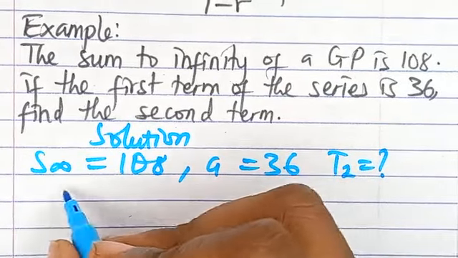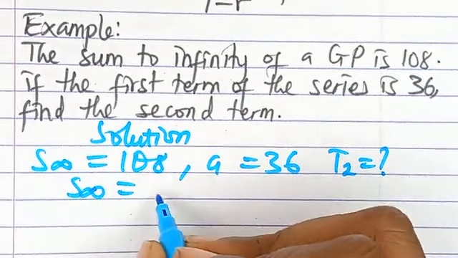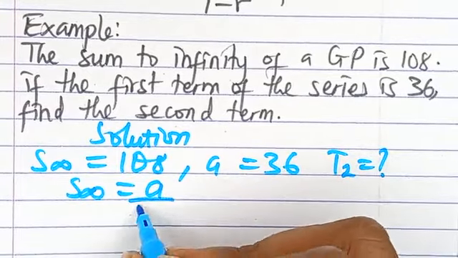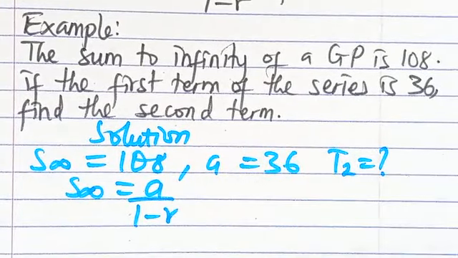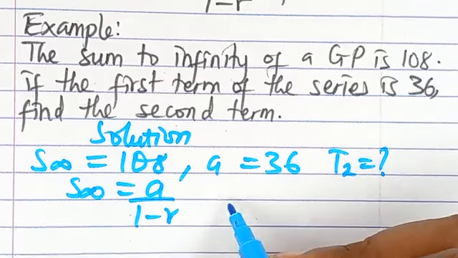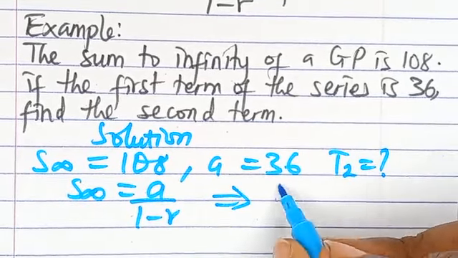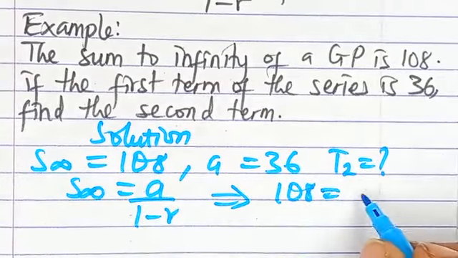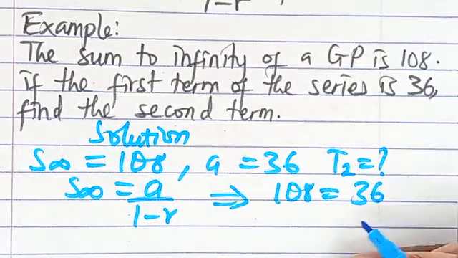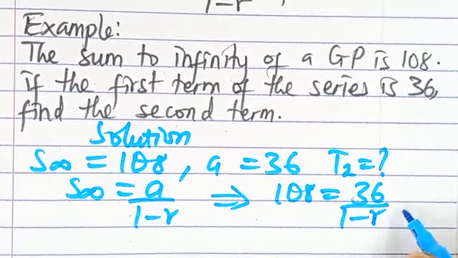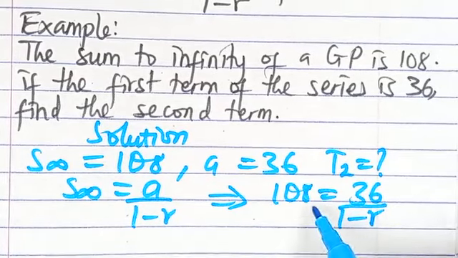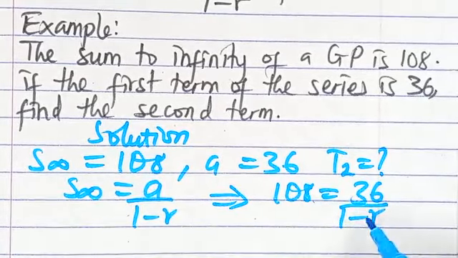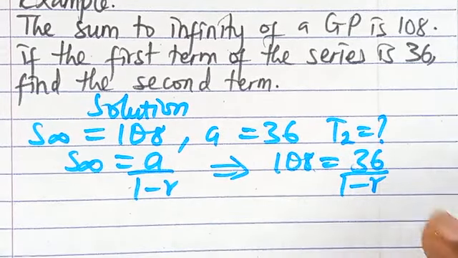The sum to infinity of a GP is equal to A over 1 minus R. Now we substitute into this. We have that 108, which is the sum to infinity of this particular GP, is equal to 36, that's A, over 1 minus R. Now we multiply both sides by 1 minus R so as to eliminate the fraction.